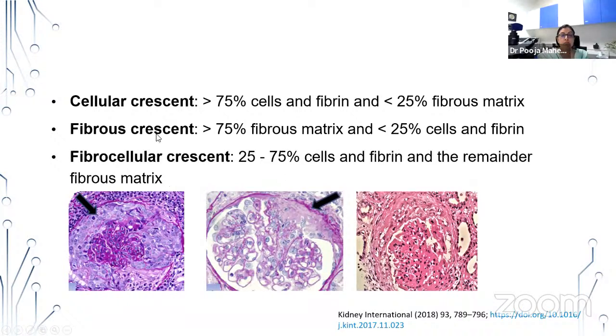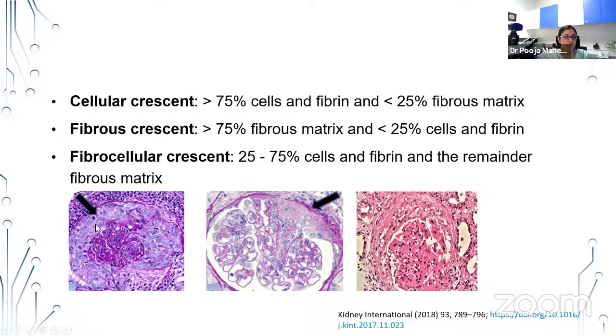Cellular is when more than 75% are cells and fibrin, and less than 25% fibrous matrix. Fibrous is when there is more than 75% fibrous matrix and less than 25% cells and fibrin. Fibrocellular is when there is 25 to 75% cells and the rest is matrix.